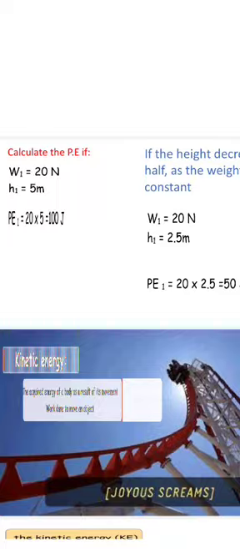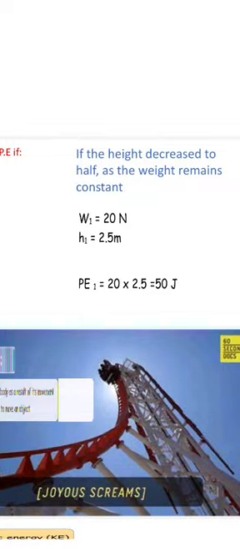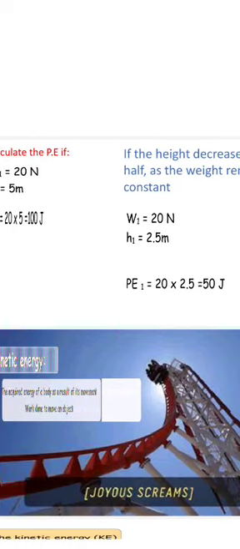So as we see, weight equal 20 Newton here, so the weight will also be 20. What about the height? The height was 5 meters, and in this problem it tells me the height decreased to half. So the height was 5 meters, so it will be 2.5.